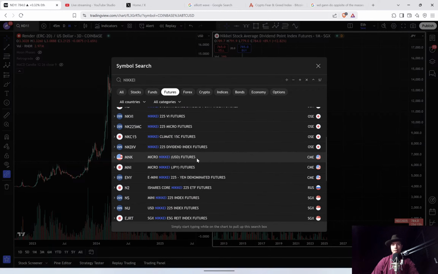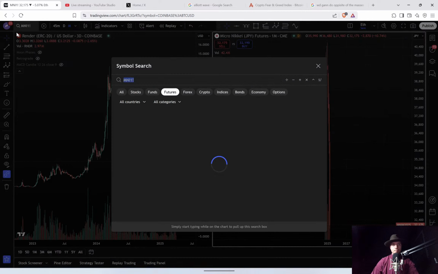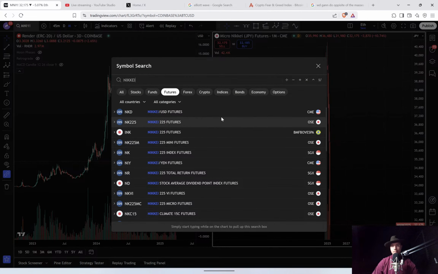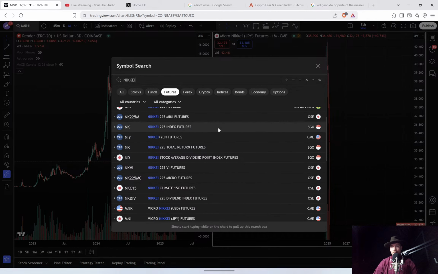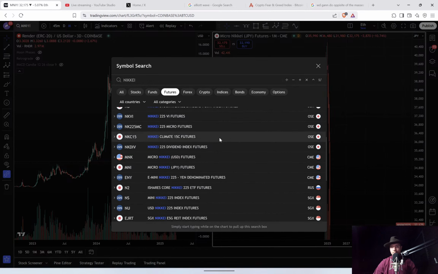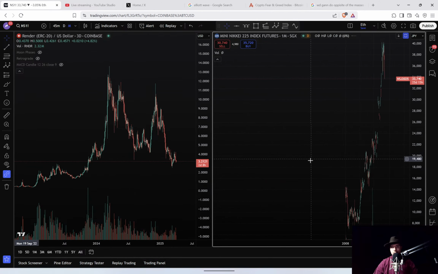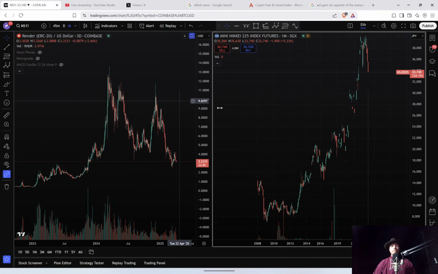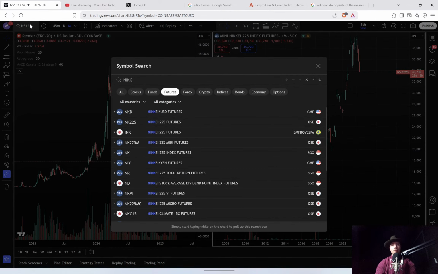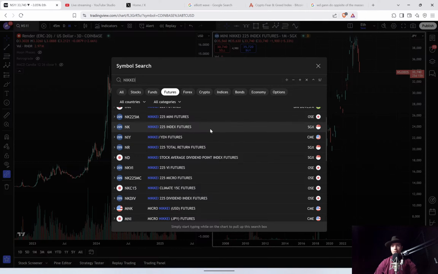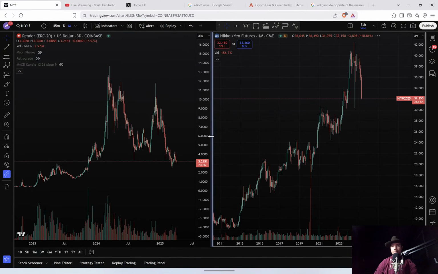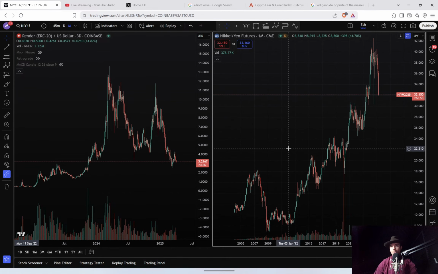It's like looking for a needle in a haystack. It should be easy to find, right? But it's not. Nikkei index futures. We might have to look at this at a different time. Maybe if I can find it, I'll show it in my next live stream.